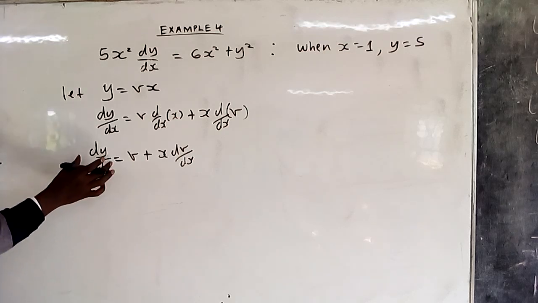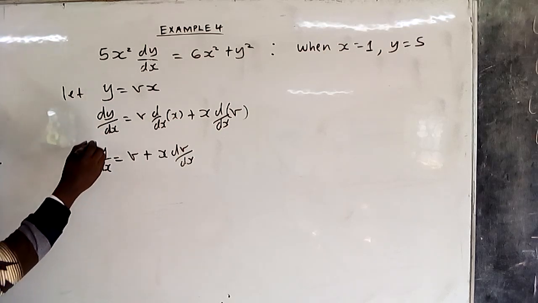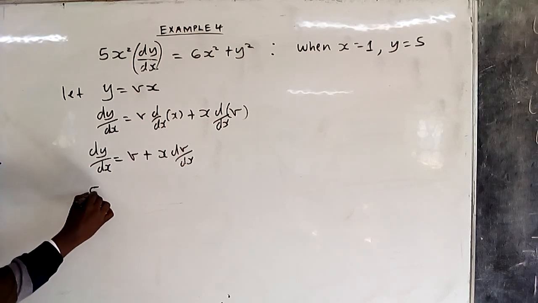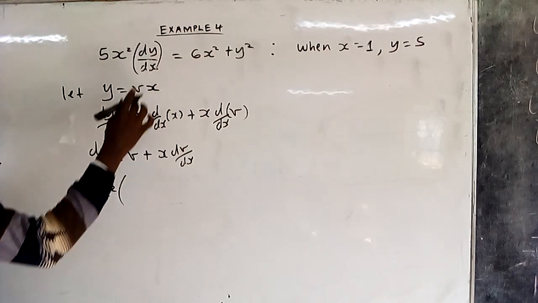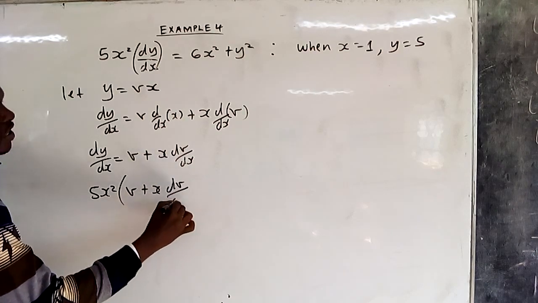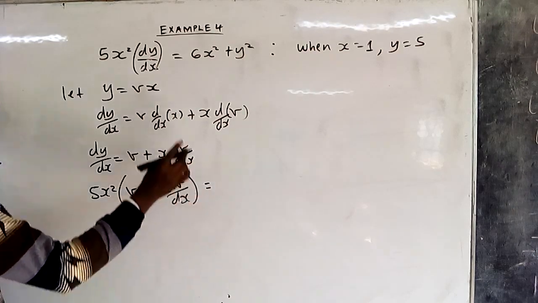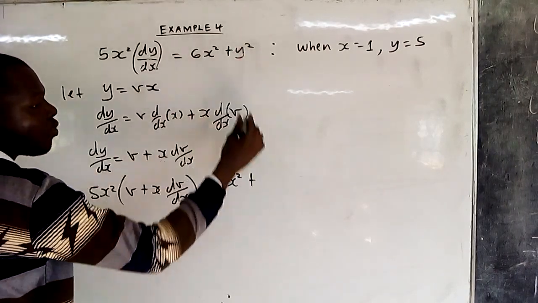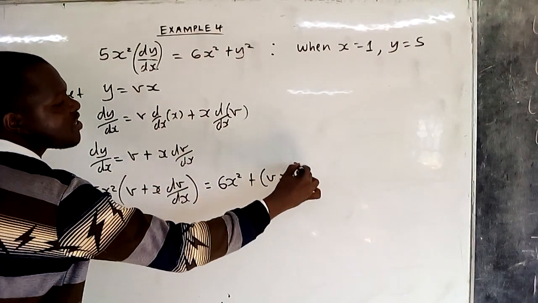So, dy over dx is what? Here, we have 5x squared into dy over dx, which is the same as v plus x dv over dx, to be equal to 6x squared plus y squared.